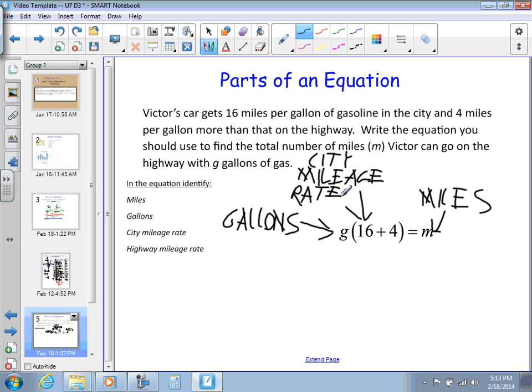Highway mileage rate. Well, the highway mileage rate was this 16 miles per gallon plus another 4 miles per gallon, because he gets 4 miles per gallon more than that on the highway. So my highway mileage rate is this whole thing here.